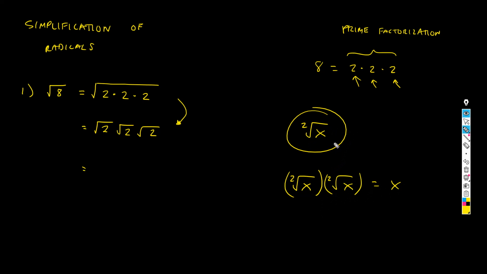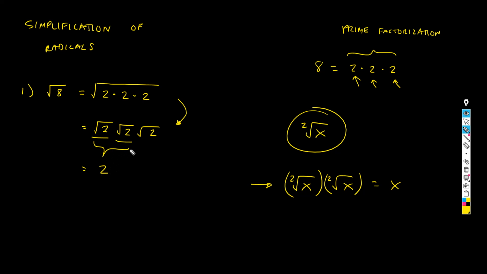Okay, this number has this property, so let's use that property in here. We have the square root of 2 times the square root of 2. By definition, when I multiply the square root of a number by itself again, what I get is the number inside the radical, so I get the number 2.